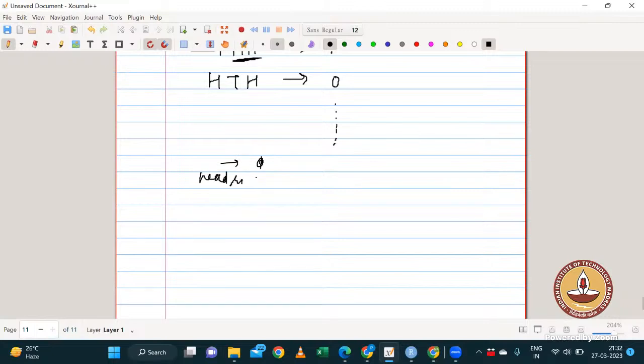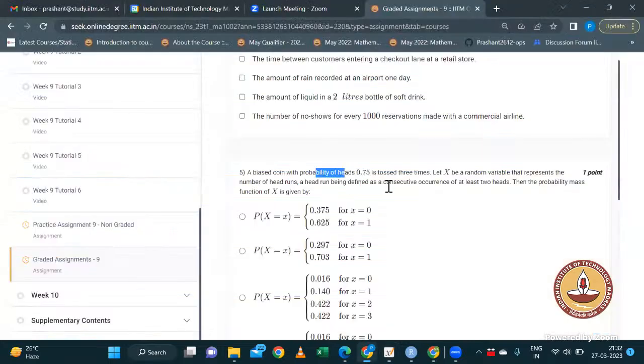Okay, let me explain this. As per the question, it is also written: occurrence of at least two consecutive heads. If I have written HHS, that means it's only one head run.